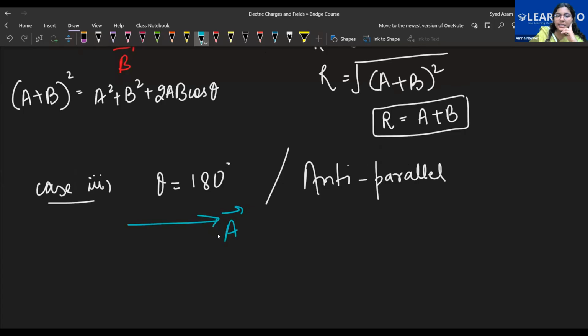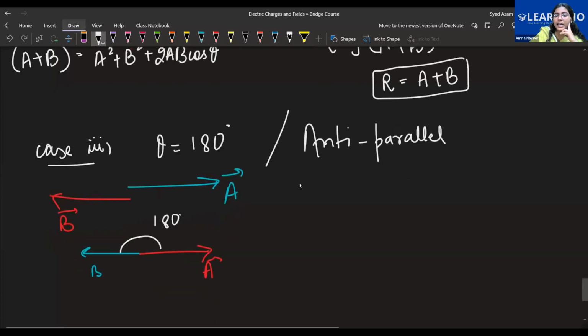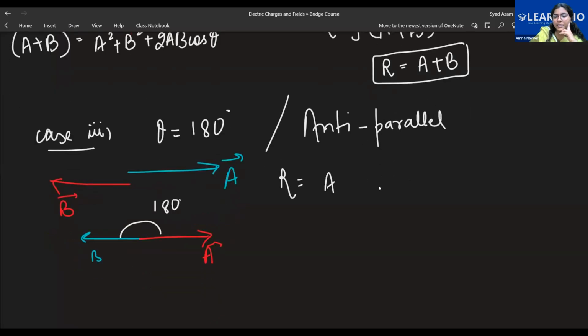Anti-parallel means one vector is like this, the second vector is exactly opposite to it, like this. It means the angle between the vectors is 180 degree. So if I write the entire equation, a square plus b square plus 2ab cos 180 degree.